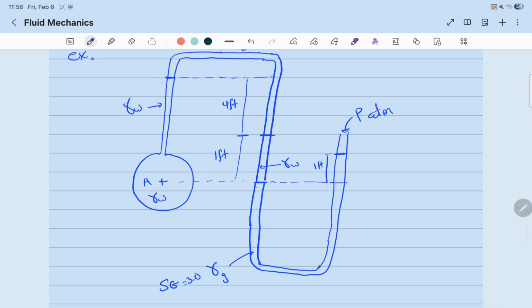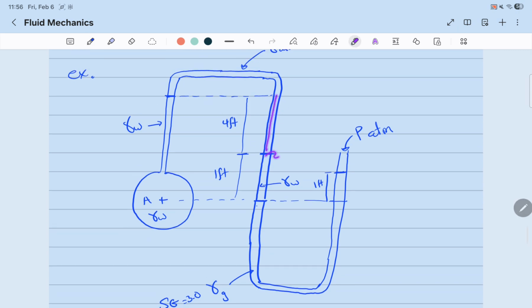Basically, at this point, the pressure of air is the same as the pressure of water, and that's why it's at equilibrium. If it's not equal, one side will push the other side.